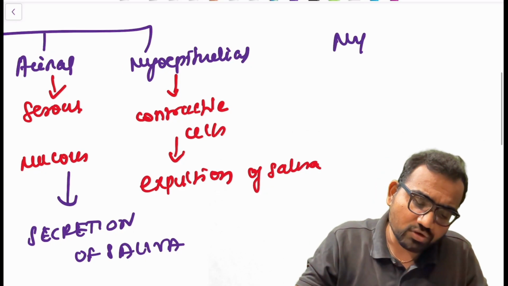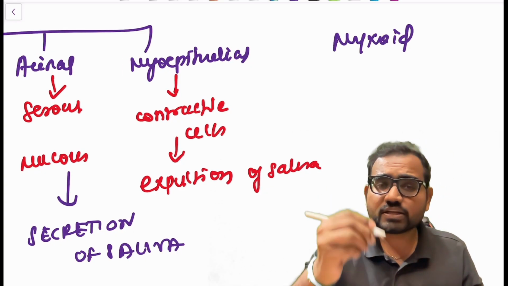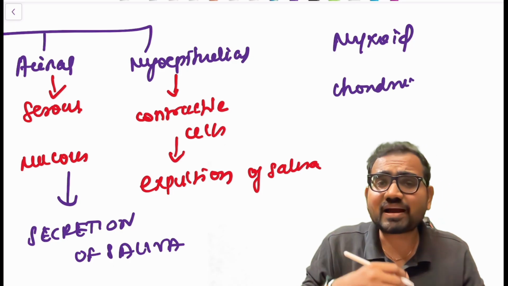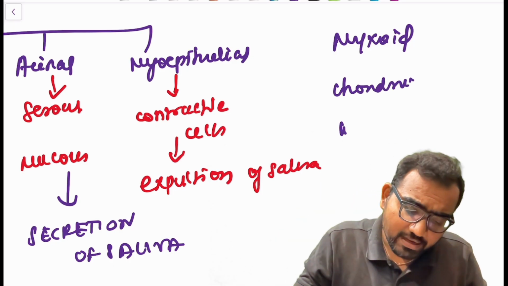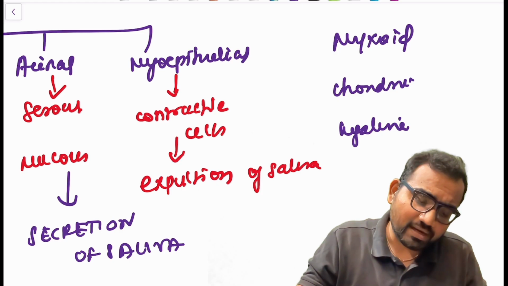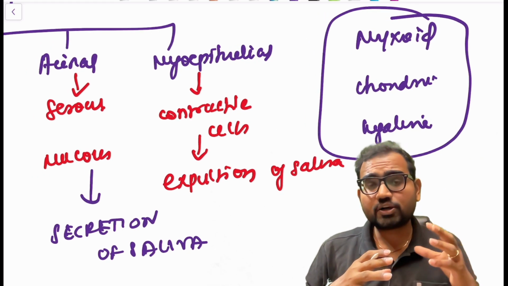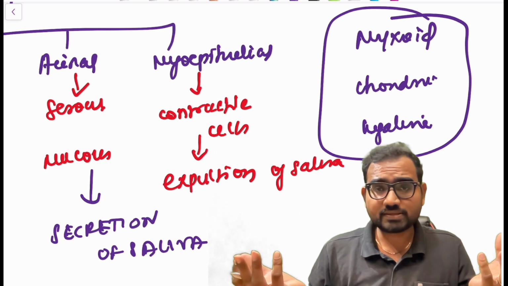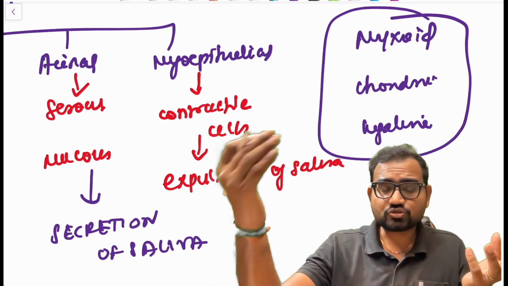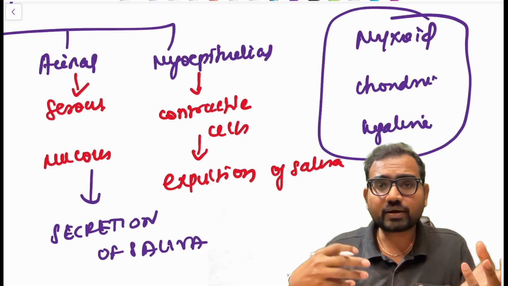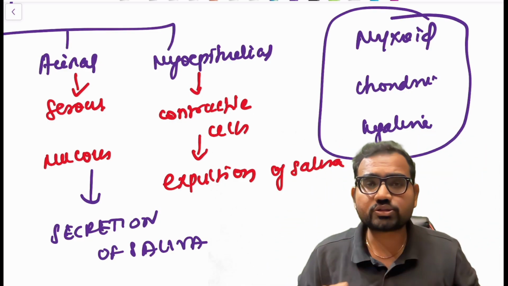It can be myxoid, that is a gelatinous form, or chondroid, that is cartilage-like, or hyaline form. So hyalinization will be seen. That is why in pleomorphic adenoma, the presence of ductal and myoepithelial cells indirectly helps in stroma formation, and myoepithelial cells exhibit different forms, that is myxoid, chondroid, and hyaline. You see all these in histopathological features.